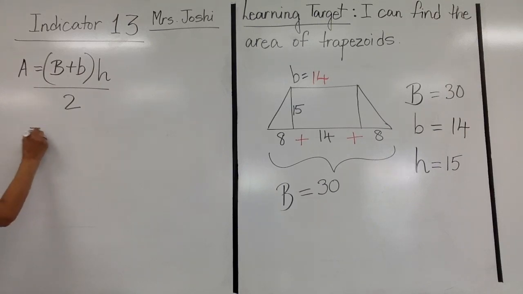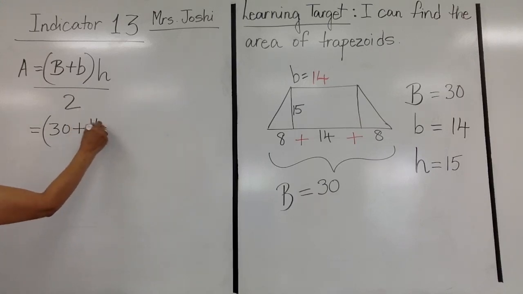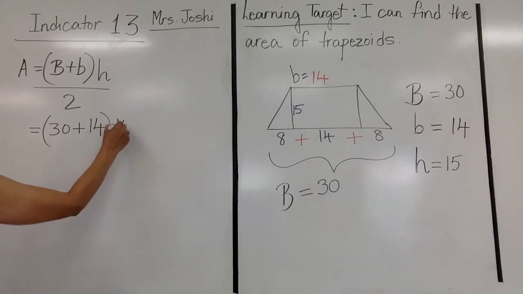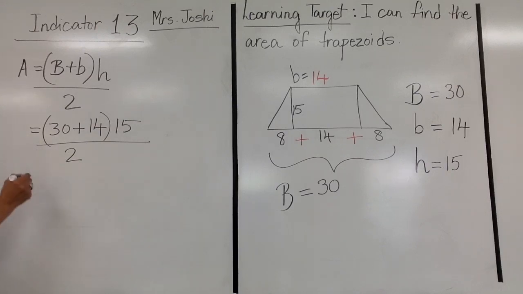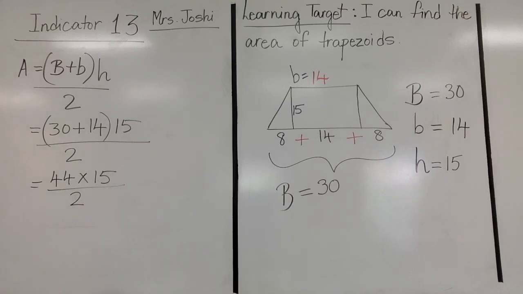Okay, so we got big base is 30, little base is 14, and height is 15, and divided by 2. So 30 plus 14 gives me 44 times 15 divided by 2.